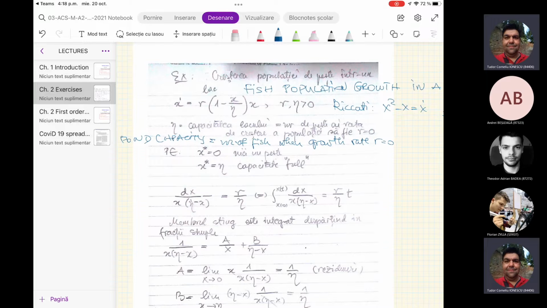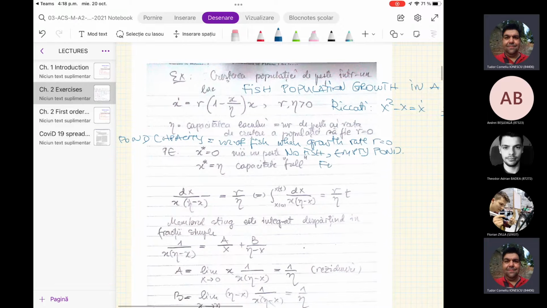What do you know? The equilibrium points are similar to the Riccati equation. X star equal to 0, no fish, so empty pond. And the second equilibrium is X star equal to eta, full capacity. Yeah, the lake is full.